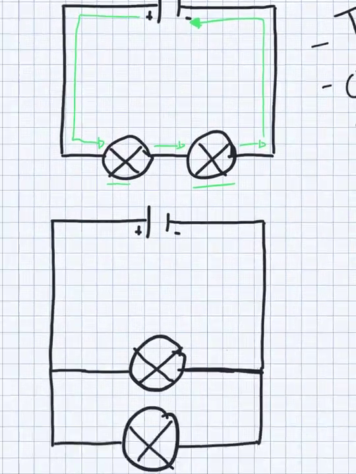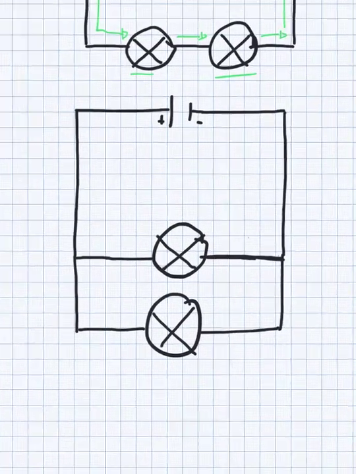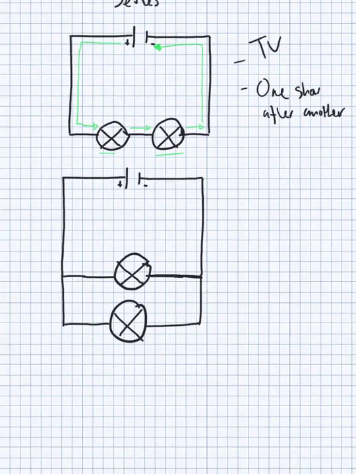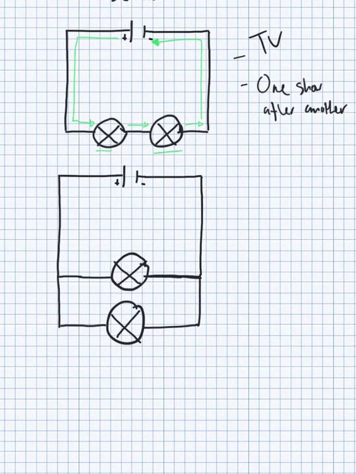Then, to come back to our TV analogy, we had a parallel circuit. We had the TV show The Walking Dead, and all the events happened one after each other, with the storyline moving on every episode.